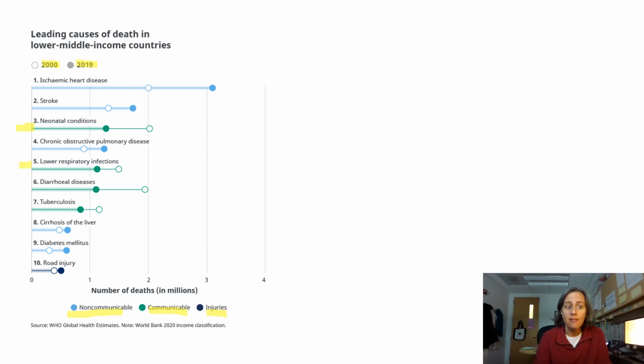But then number 5 is lower respiratory infections or pneumonias. And this was before COVID, right? And diarrheal diseases are actually huge causes of death in many countries in the world, as is tuberculosis, which is something that we see very little of in most parts of the United States. All right, so these are really important.